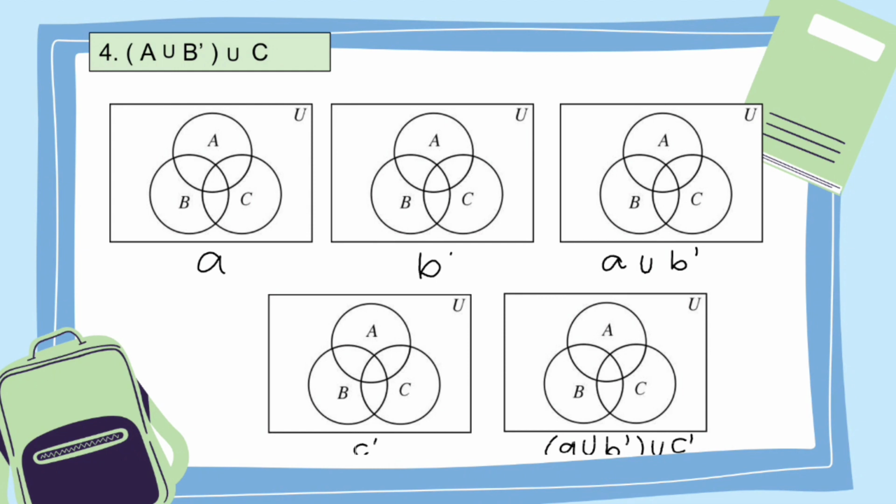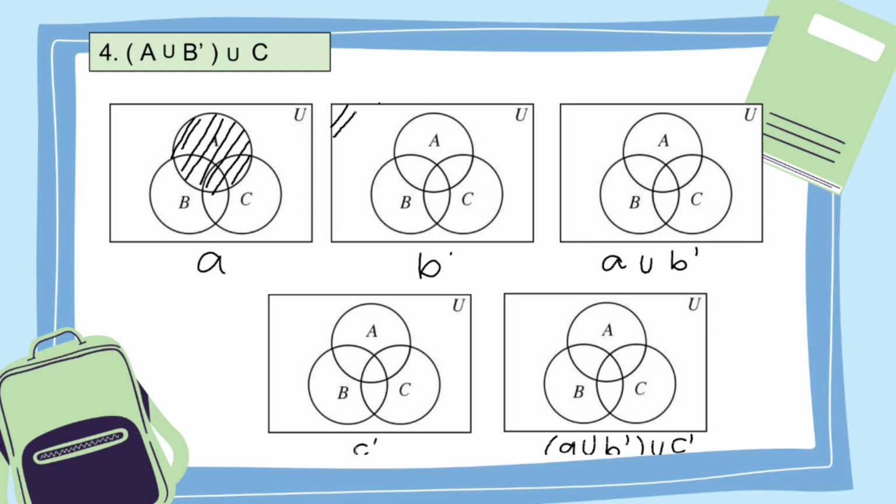And for our last example, we have A union B prime union C. First we look for A. So we shade letter A, I mean the circle A. And for the next box, we look for the B prime.